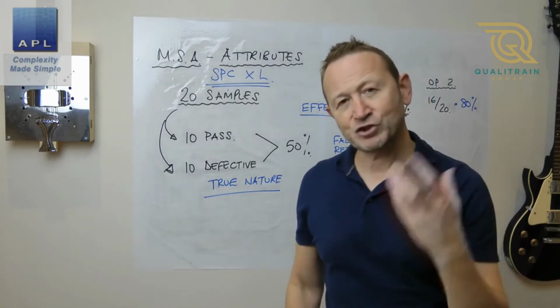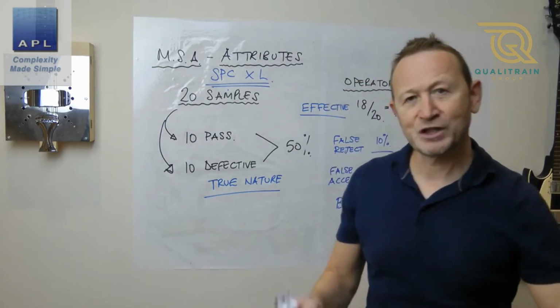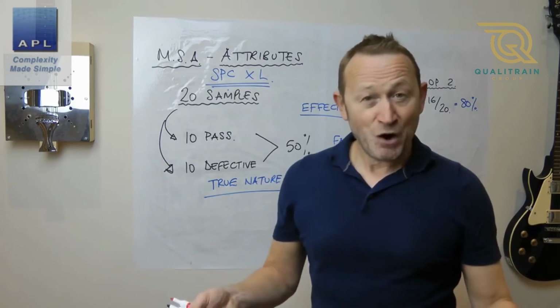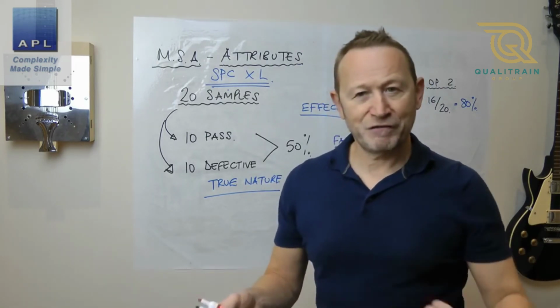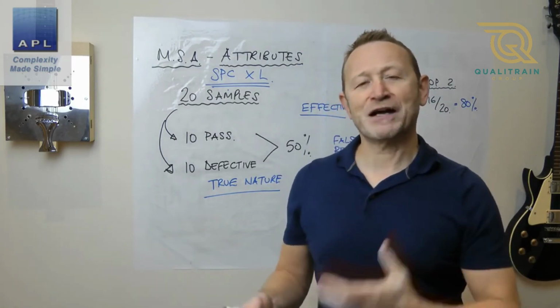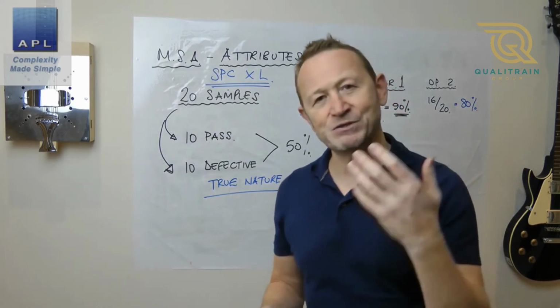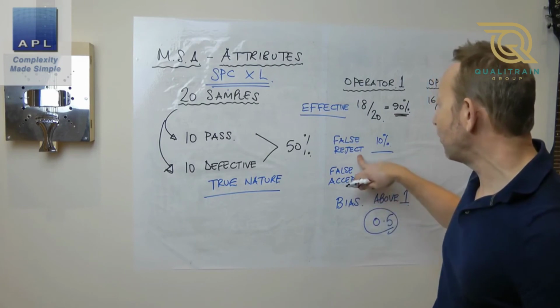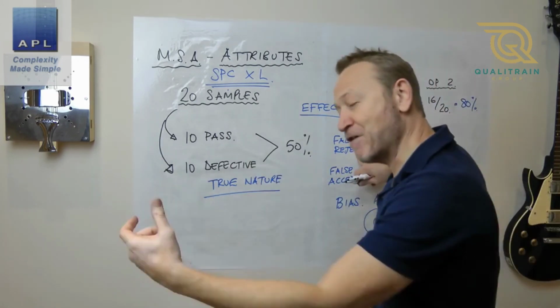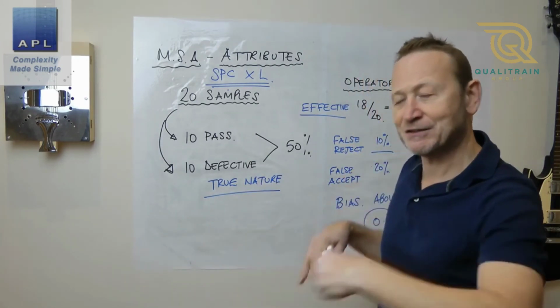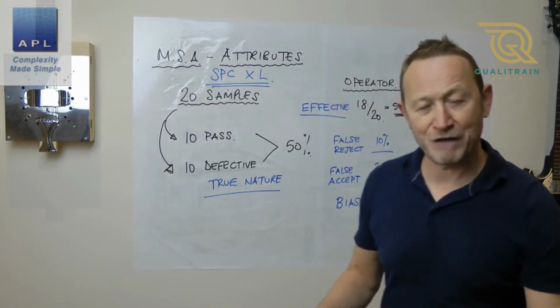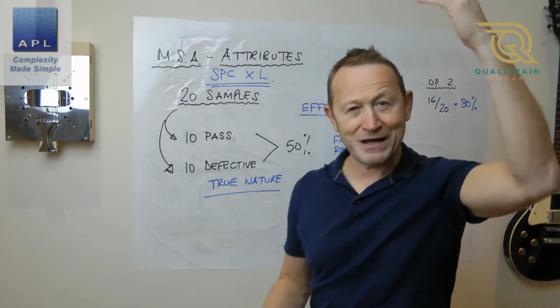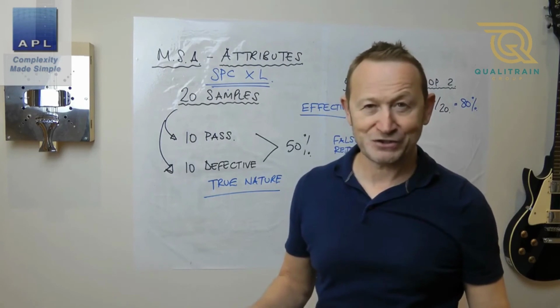But MSA, super important that you use it, of course, because it's part of the problem. When you've got a defect rate, part of the problem is the fact that your measurement system is making mistakes. And of course, especially if someone is biased and they're very, very tight with their standard, they can be making the defect rate look very dramatic when actually the process hasn't changed at all.